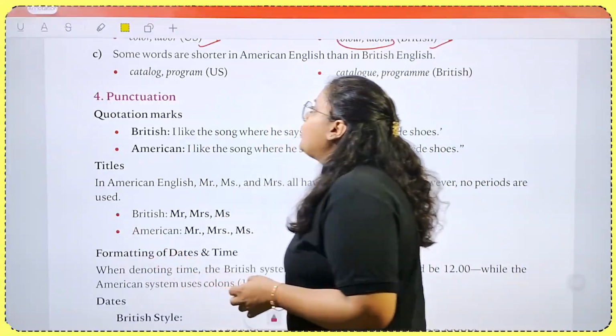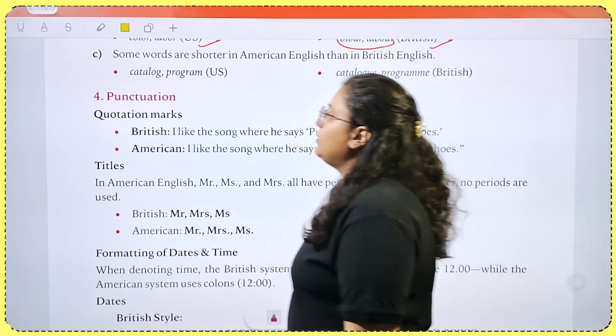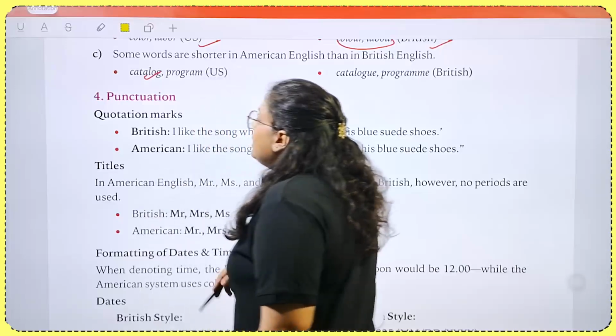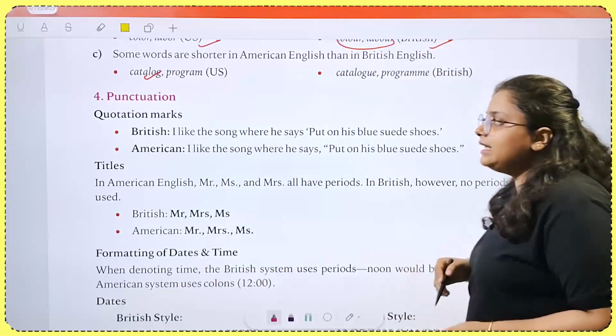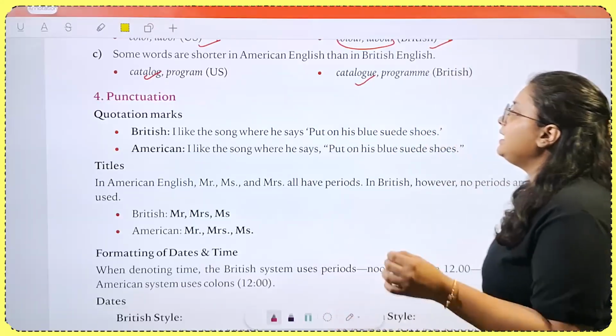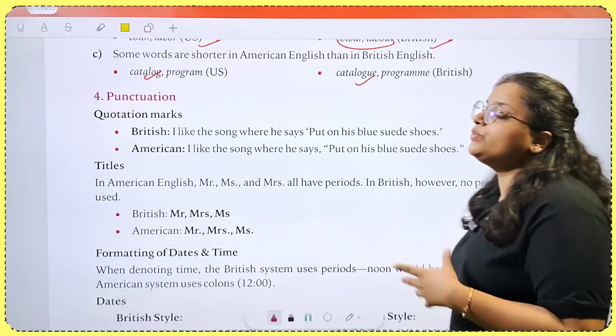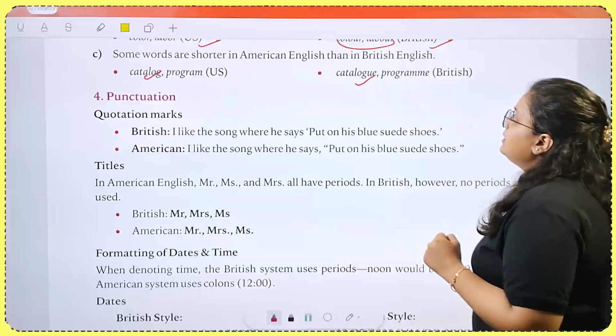Some words are shorter in American English than in British English. Catalog in American English is spelled catalog, whereas in British English it is catalogue. So there is an extra UE in this word.